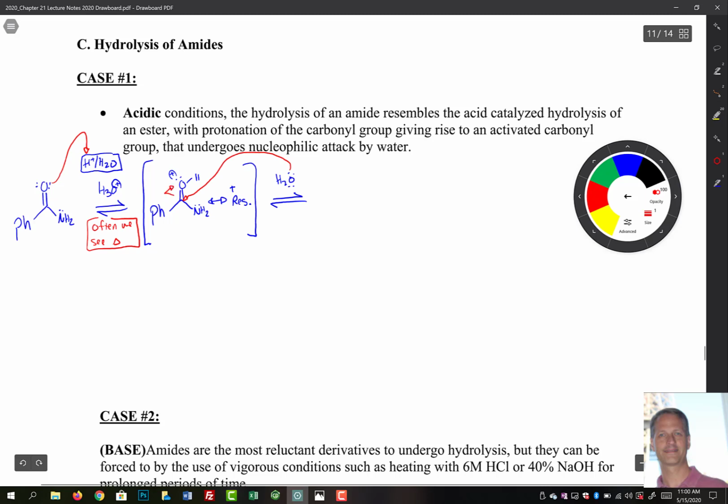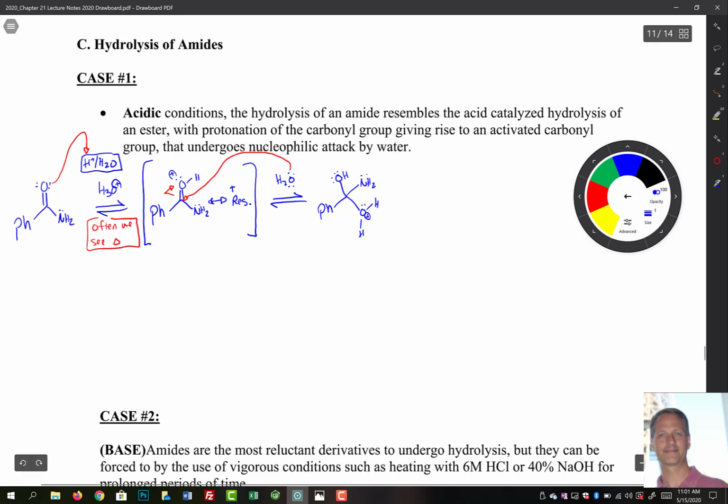And then we're going to put a set of electrons from our pi bond onto our oxygen there. So that'll give us an OH with two lone pair. Up here we're going to have an NH2, and then down here we're going to have an O with two H's and a positive charge there.